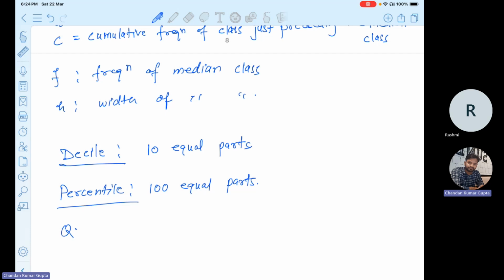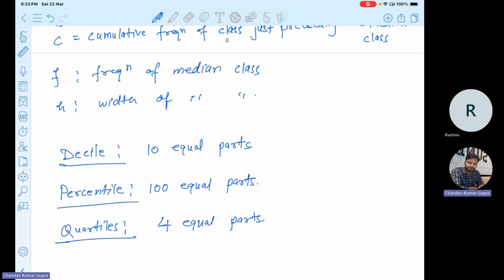We have quartiles as well. That means we have 3 points that divide the whole observation into 4 equal parts. So there are lots of positional averages like percentile, quantile, octile, decile. These are nothing but averages in a positional way, so it is called positional average.